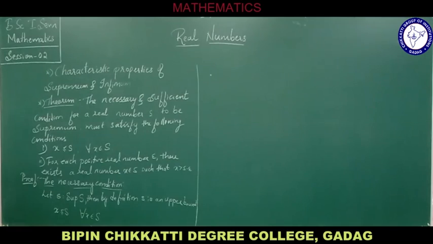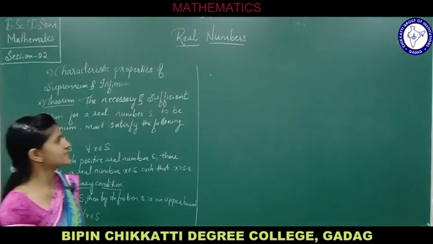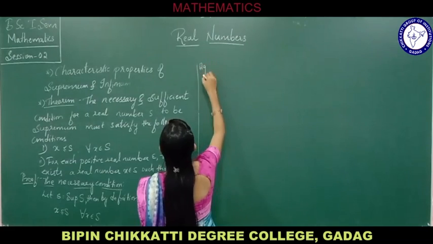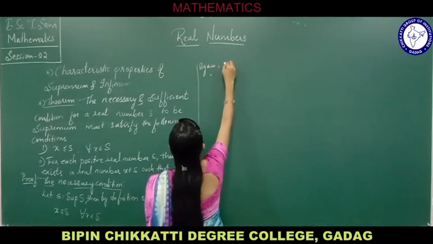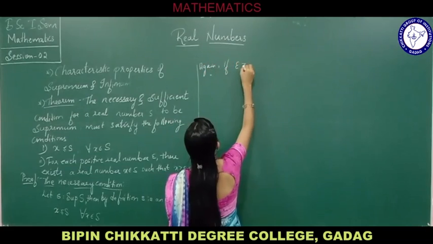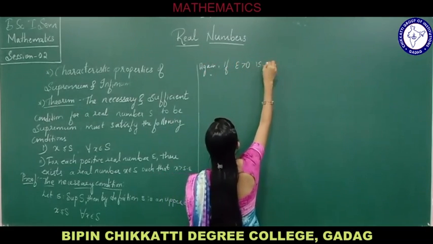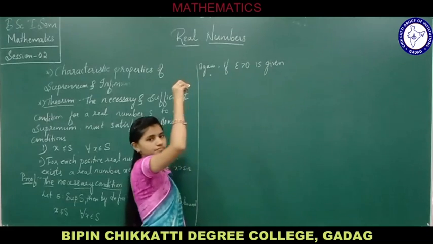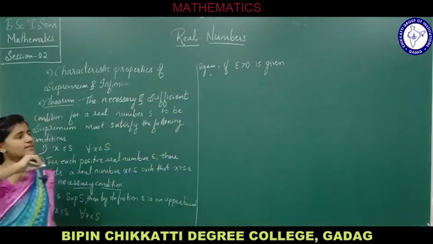Again, if epsilon greater than 0 is given, what will S minus epsilon be? We are considering one number here.